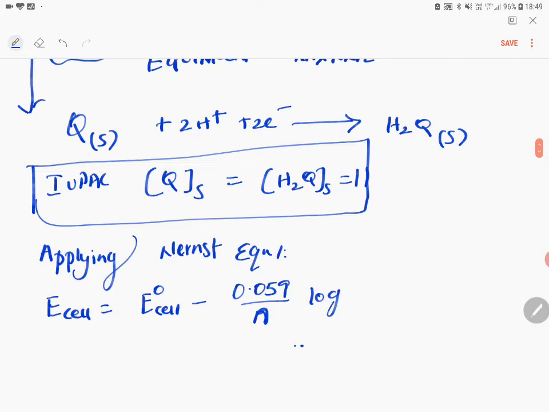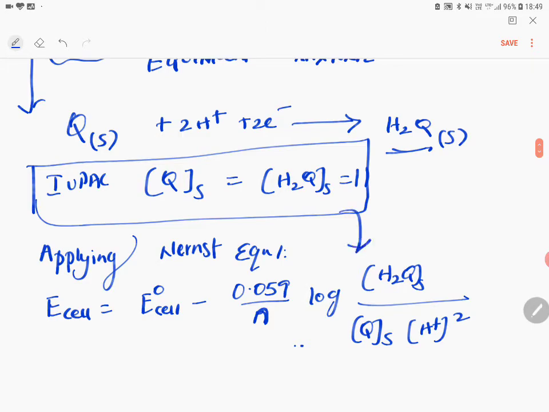What is the product? Product is H2Q. So, concentration of H2Q solid divided by concentration of Q solid into concentration of H plus whole square. Now, just now we discussed this IUPAC convention, we apply it here.